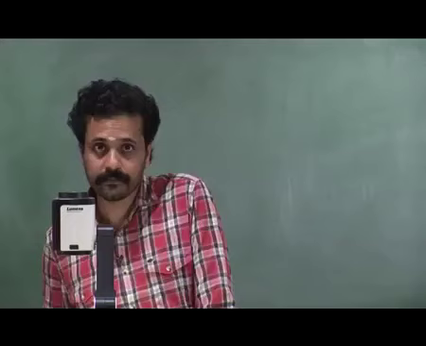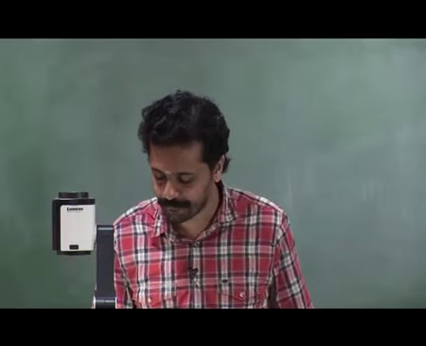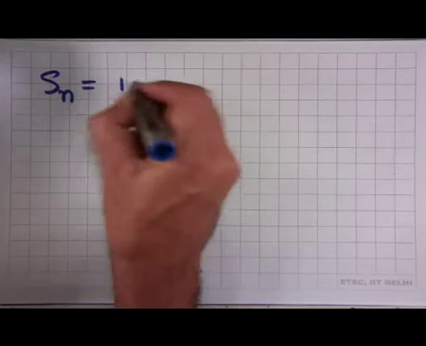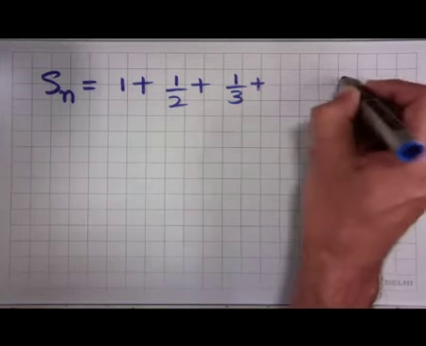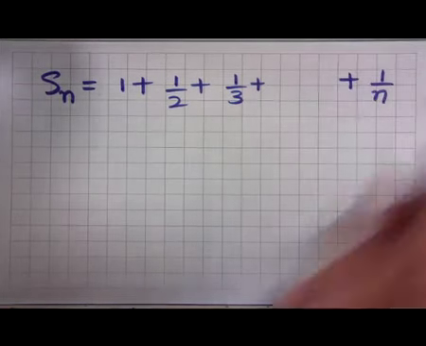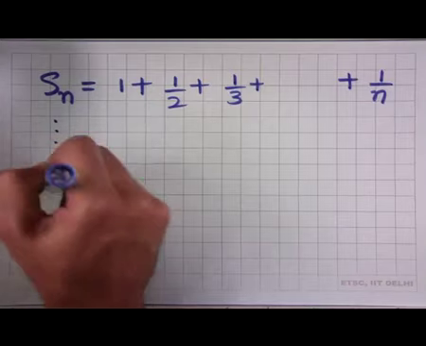Sn, the nth partial sum, will be 1 plus 1 by 2 plus 1 by 3 plus etc. plus 1 by n.